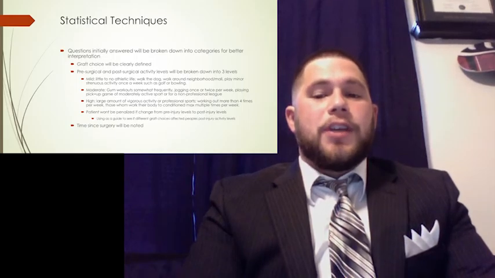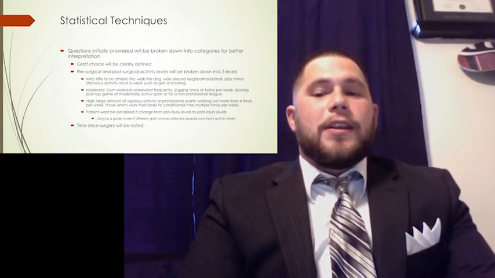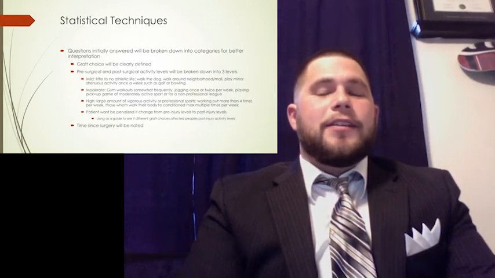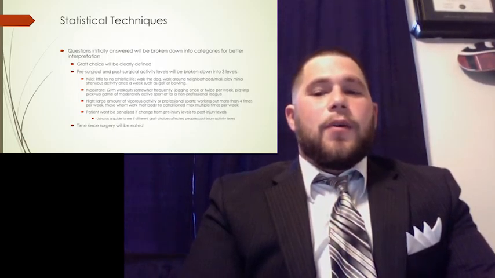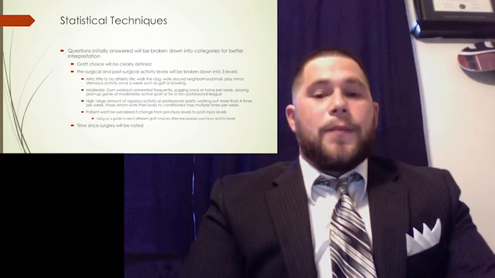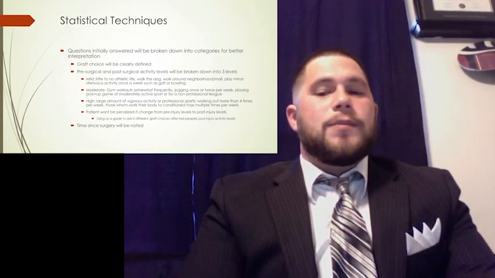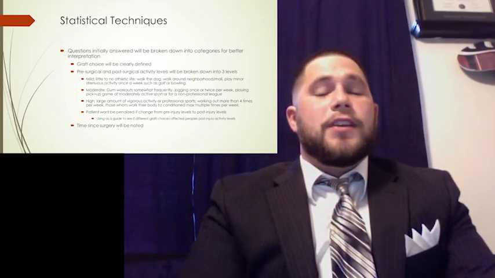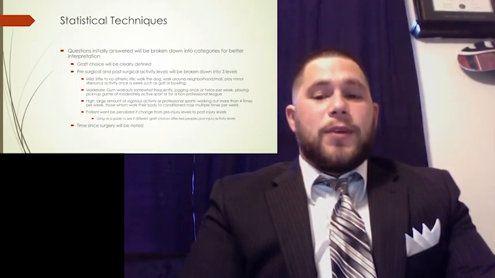Moderate, where a gym workout is somewhat frequent, jogging once or twice a week, or playing a pickup game of a moderately active sport or a non-professional league. Or high, which includes a large amount of vigorous activity or professional sports, working out more than 4 times a week, or those who work their body to the condition max multiple times per week.